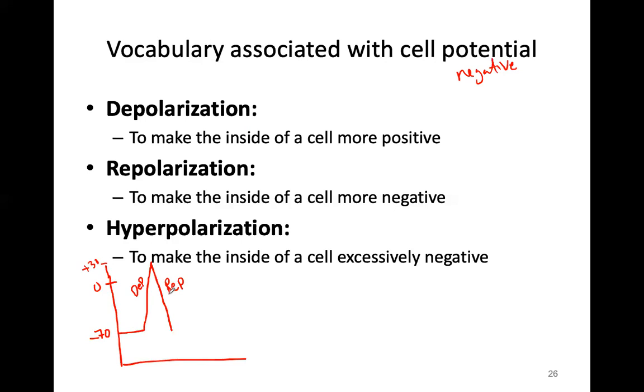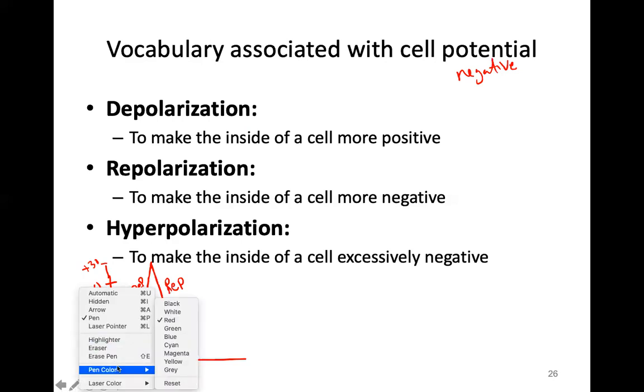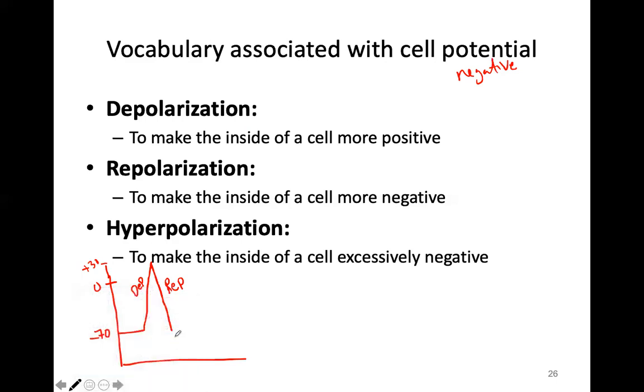Now, what if I'm at -70 and I still continue to go farther down? What we're doing is going even farther than that normal range of -70. So dipping below -70 is identified as hyperpolarization. You're basically going beyond what is acceptable, becoming excessively negative.